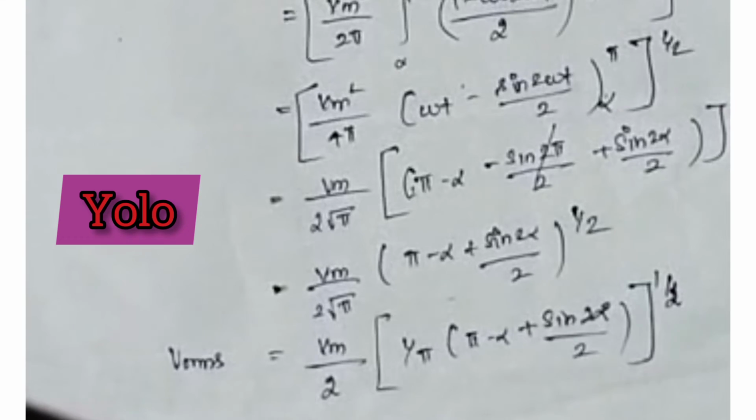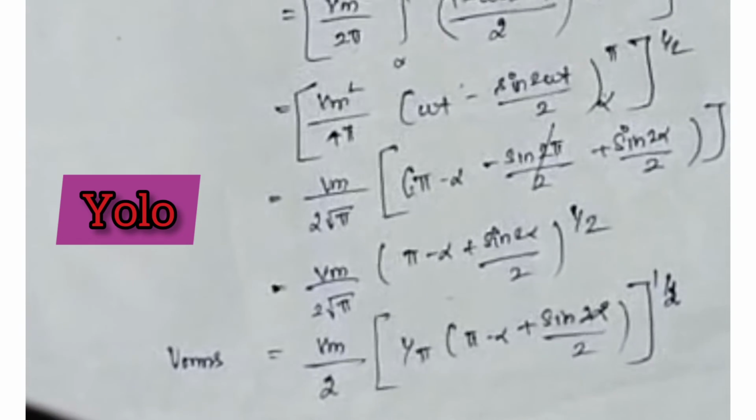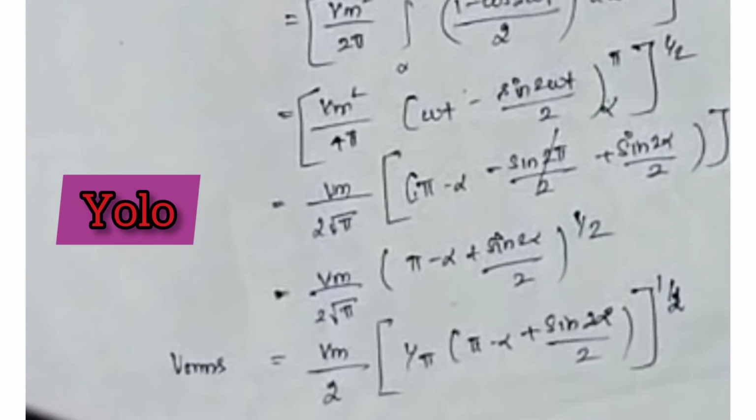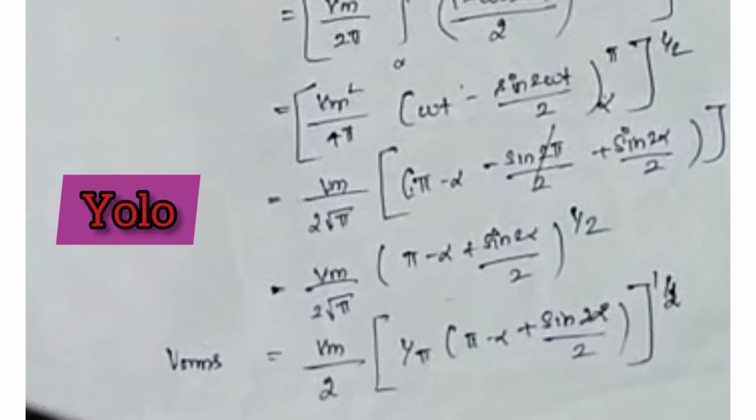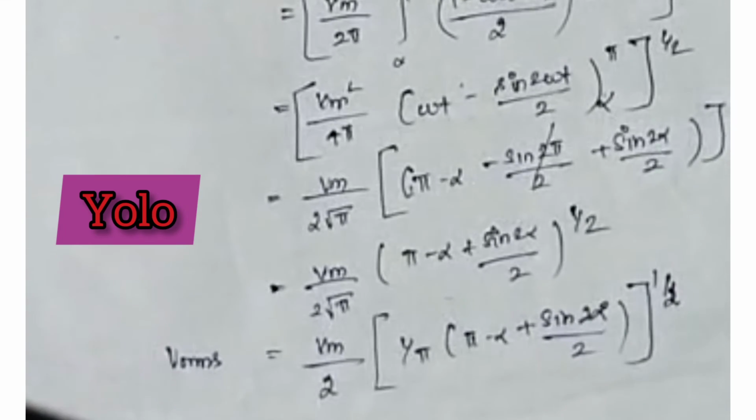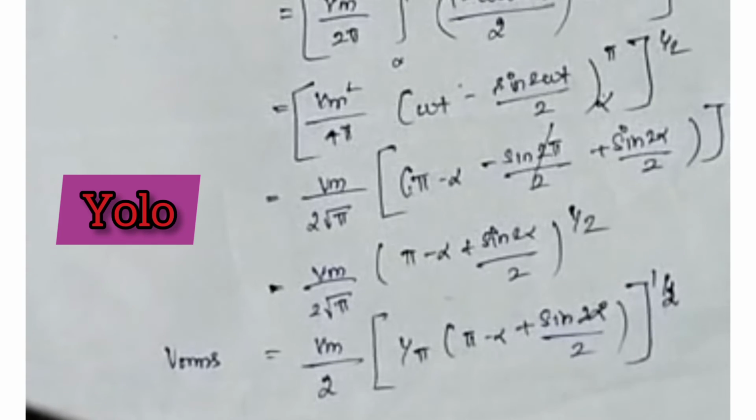The remaining term is Vm divided by 2 root pi, pi minus alpha plus sin 2 alpha divided by 2. So we derive the equation. Finally Vm divided by 2, 1 by pi, pi minus alpha plus sin 2 alpha divided by 2, to the power 1 by 2. This is the RMS equation, that is VRMS.